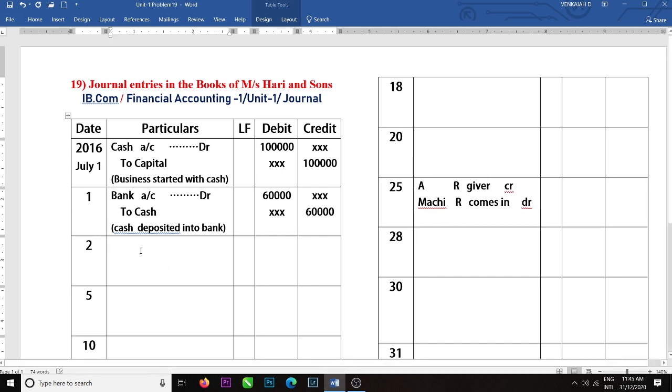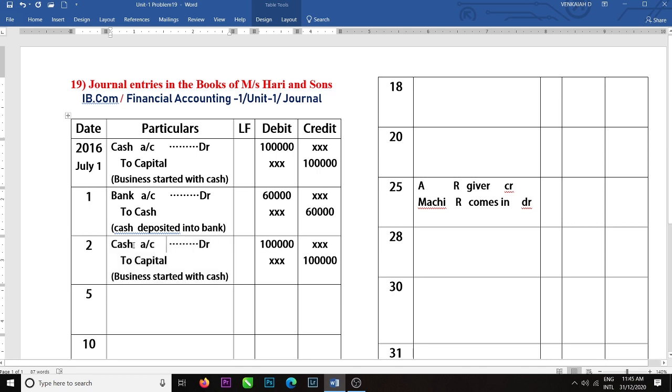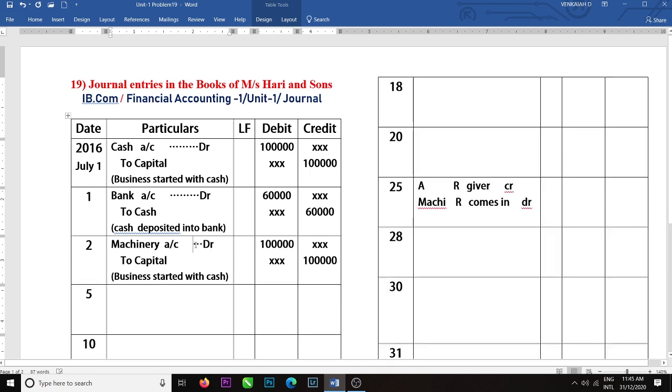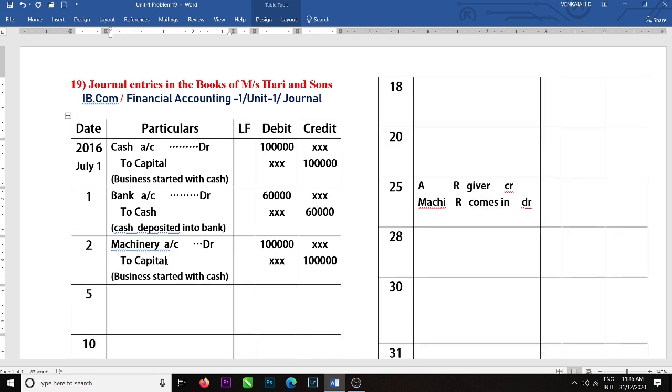The entry will be machinery account debit to A account. The amount is 20,000.